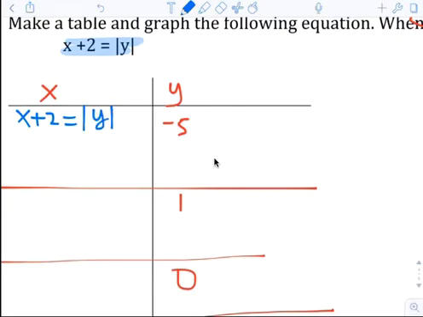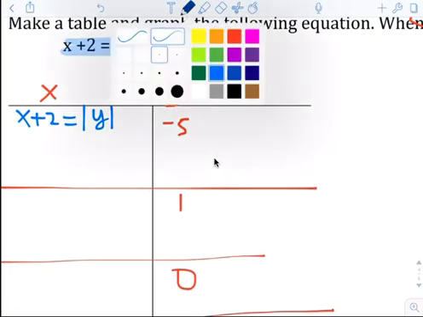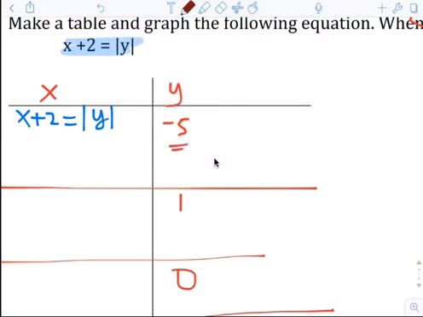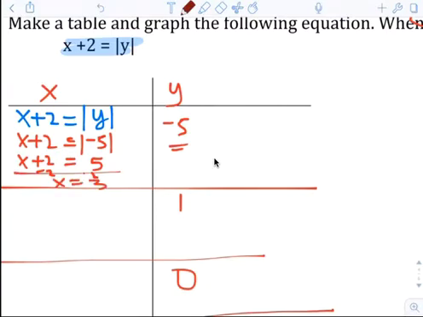In place of y, you put this -5 in there. The absolute value of -5 is 5, equals x plus 2. You minus 2, x is equal to 3. So your ordered pair is 3, -5. This 3 here and this -5 there.